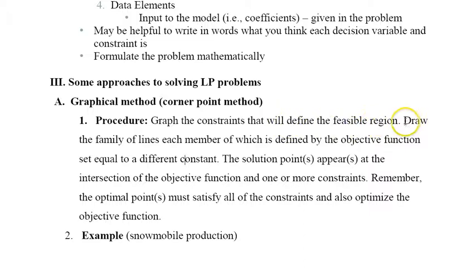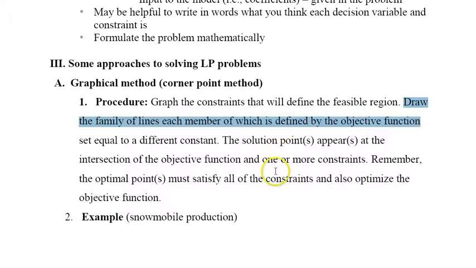Then you take the objective function and draw a family of lines for different values of z, the objective function, and these lines will be parallel to each other, and they will intersect the feasible region at different points. You keep moving that line until it meets the feasible region exactly at one point, and that would be your optimal value.